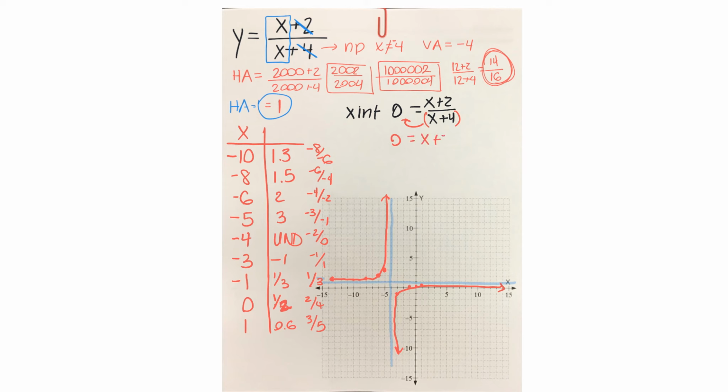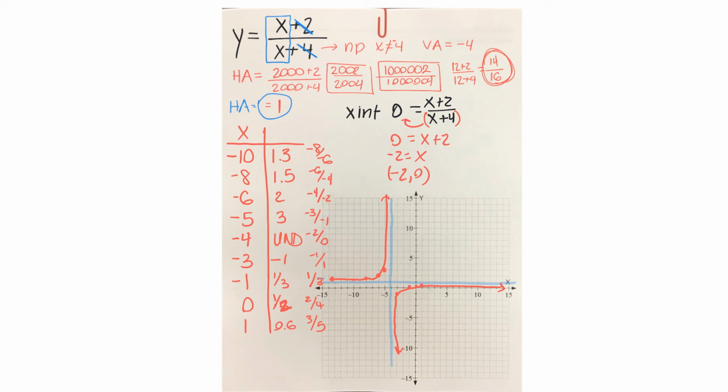Equals x plus 2, move my 2, -2 equals x. So my x-intercept is at -2, 0. And I would like to know if that is true. And sure enough, if you come look here, yep, what was happening right here? Right here at -2, we were crossing, or we should have been crossing if I was better at drawing.